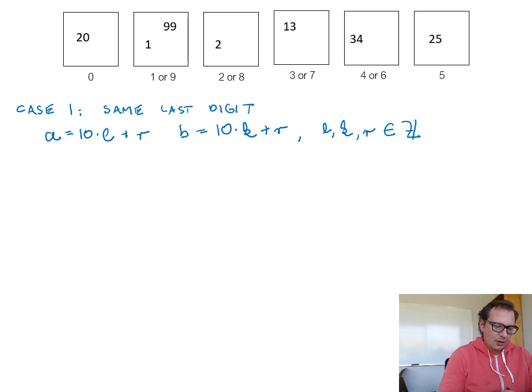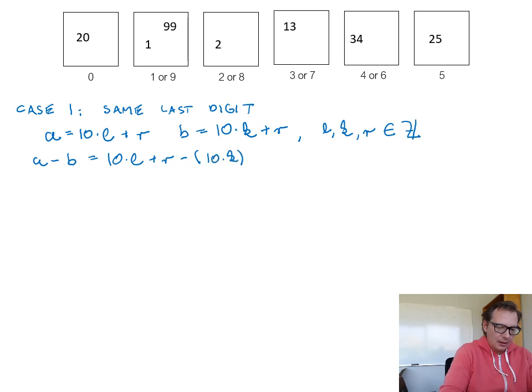Okay, so let's subtract A minus B, which is equal to 10 times L plus R minus 10 times K plus R. And so this is very similar to the last problem we had.